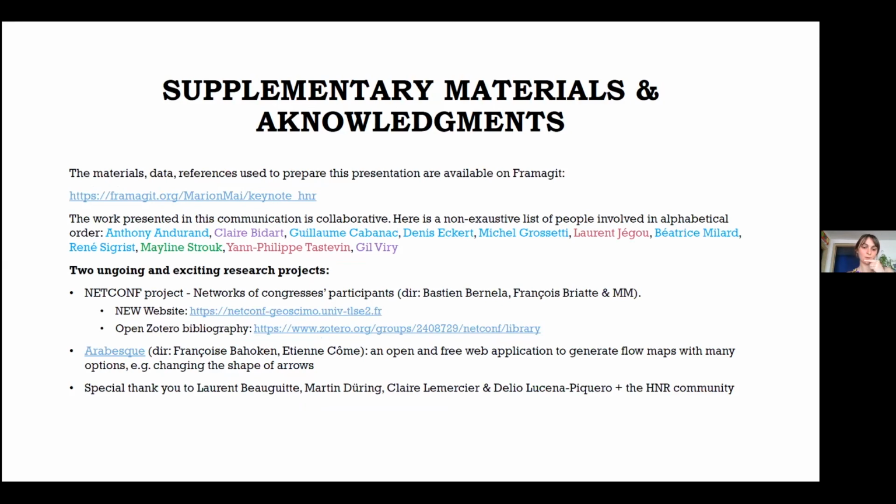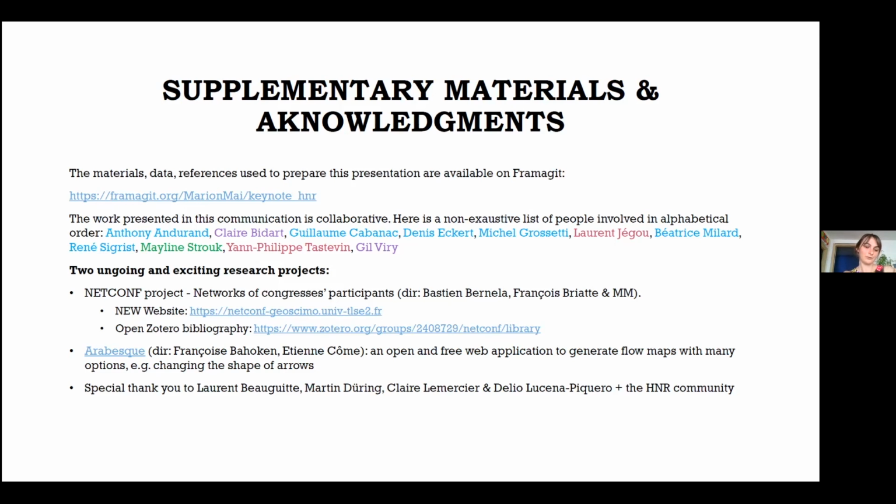Then I just want to mention two research projects I'm currently involved in, because I think they are relevant as well. One research project is on the congress participants network in the contemporary world. We are comparing two congresses, one in political science and the other in green chemistry. We have a new website and a Zotero bibliography.